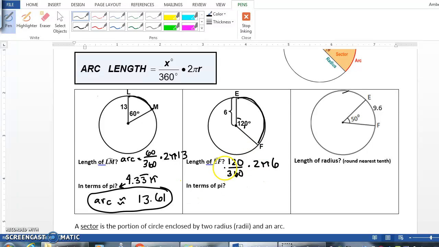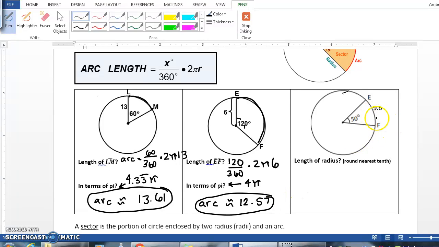So if we multiply 120 divided by 360 times 2 times 6, we're left with 4 pi. So that's in terms of pi, but if we actually multiply it out, our arc length is approximately 12.57.